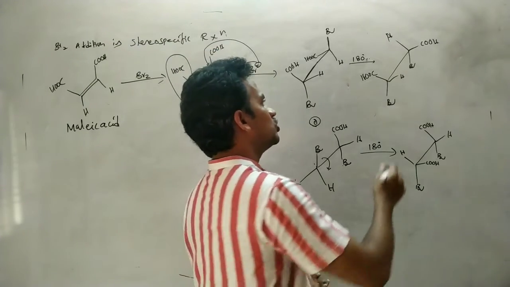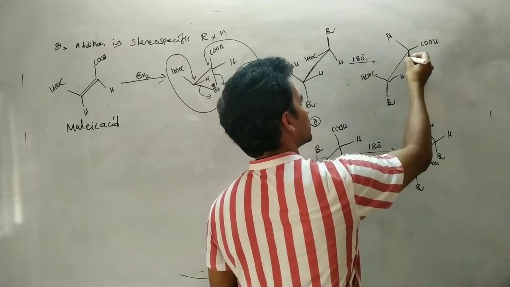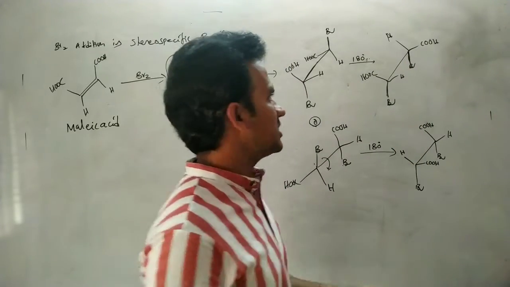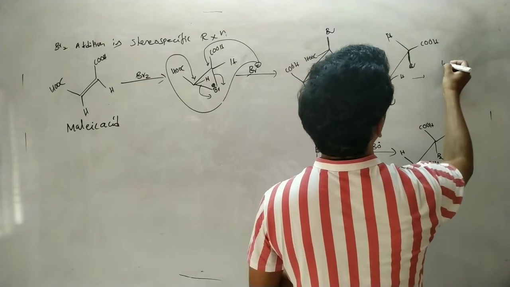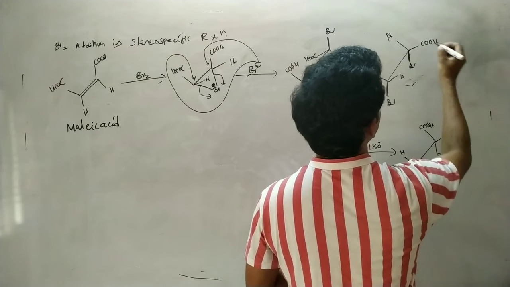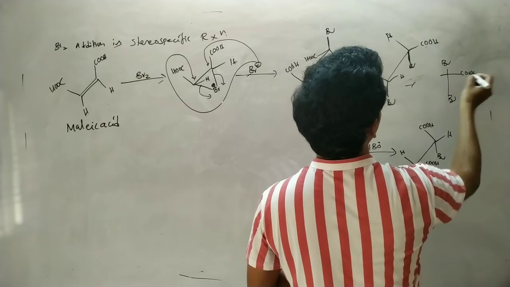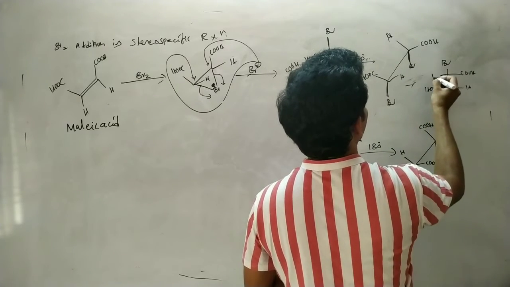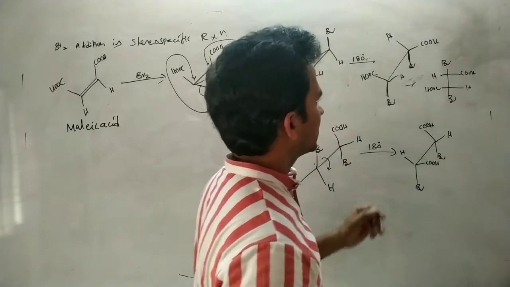And two groups must be in a downward direction. Whatever groups are in a downward direction must be written on the vertical line. That means bromine here, bromine here. Next, COOH on the right side, hydrogen on the right side, COOH on the left side, hydrogen on the right side. That is one isomer.